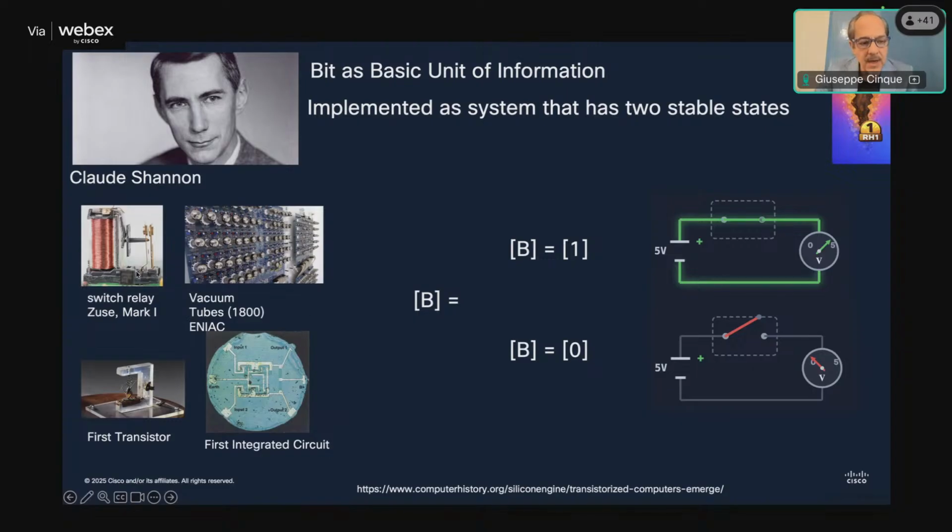Of course, we have used several technologies, from switch, relay, vacuum tube, to transistor to integrated circuits, to shrink down and create an incredible amount, hundreds, thousands, millions, billions, right? 100 billions of micro switches, micro bits, for our computer. But the key concept is that it's a two-state system that we can control.